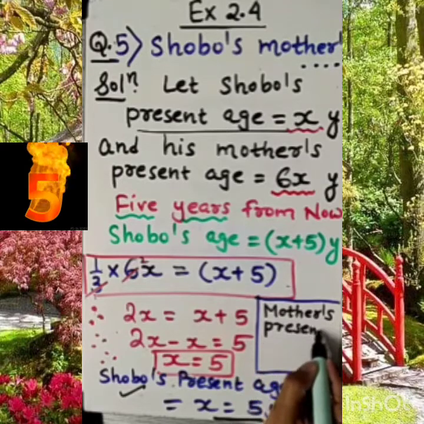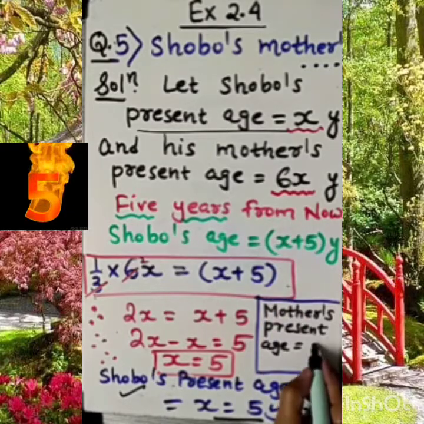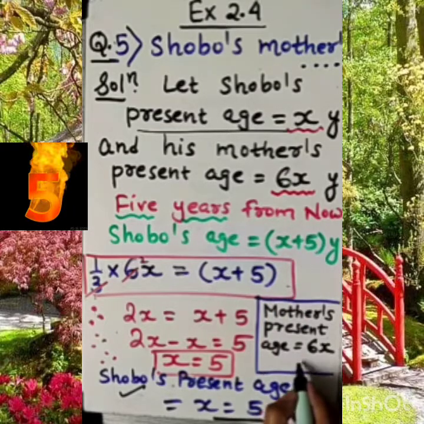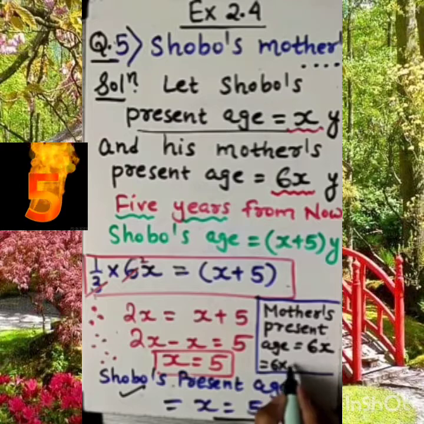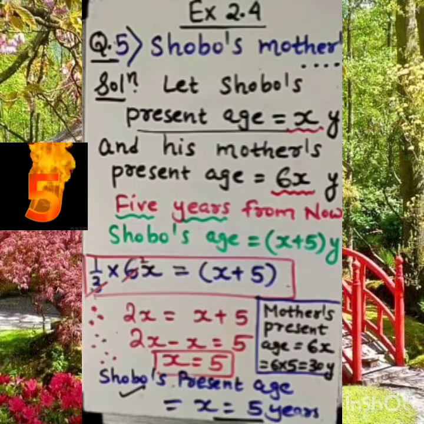That is 6x. Agree? What about 6 into 5? 6 fives are 30 years. So, my dear student, the mother's present age will be 30 years. Here is the solution. Shobo's present age will be 5 years and the mother's present age will be 30 years. This is the solution of question number 5.